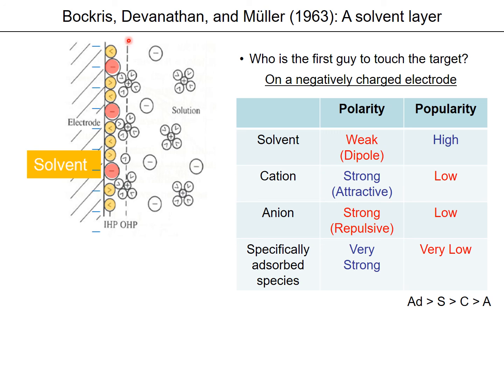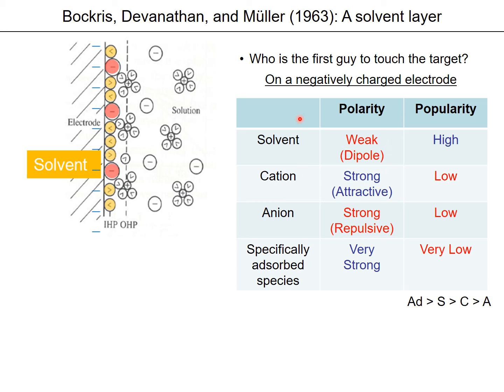And in the second sublayer of the Helmholtz layer, you could find the solvated cations if your electrode is negatively electrified. And then in the diffuse layer, you have a distribution of solvated cations to compensate the rest of the excess charge of the electrode.